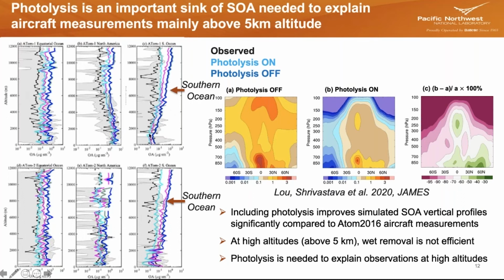So if we have a strong source of SOA near the surface, which can be carried by convection to high altitudes, we also need a strong sink of SOA, especially over the Southern Ocean in this region, to explain the measurements. And we can clearly see that at high altitude locations, the SOA loadings are reduced by 70 to 90% when photolysis is included.